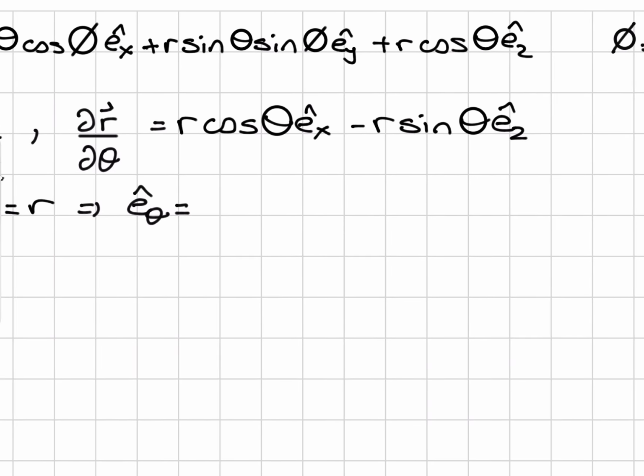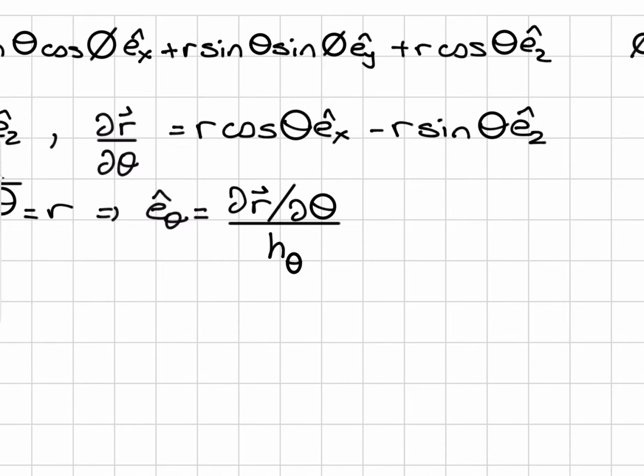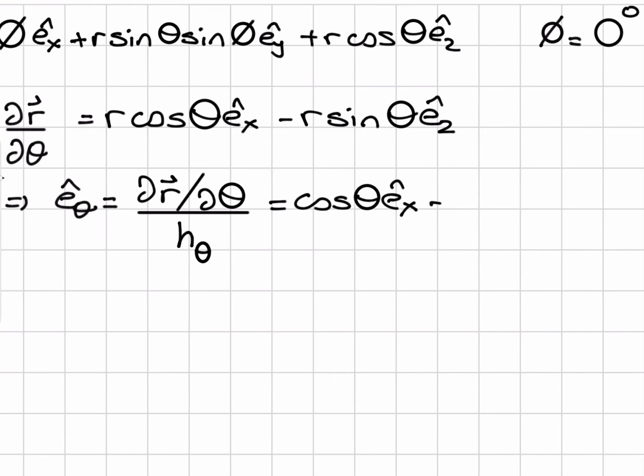E theta hat is del r del theta, this derivative of the displacement with respect to theta, divided by the scale factor h theta, which is the magnitude of this. That's r. So we have this divided by r, giving us cosine theta ex hat minus sine theta ez hat.